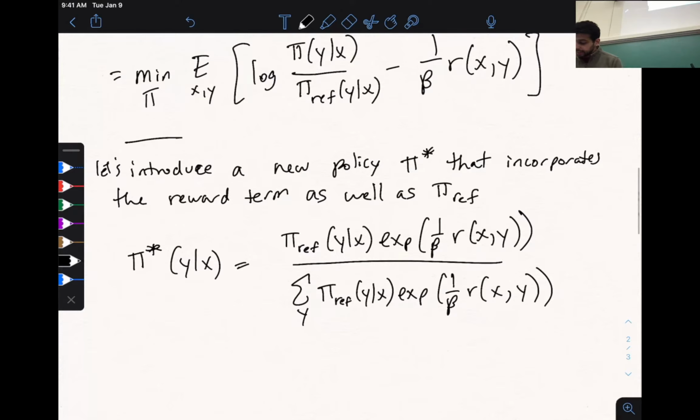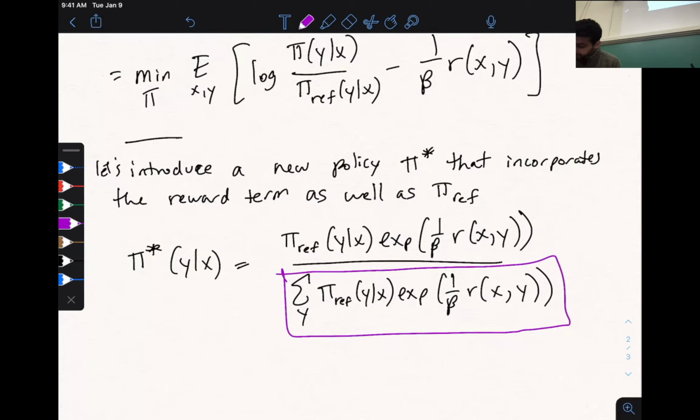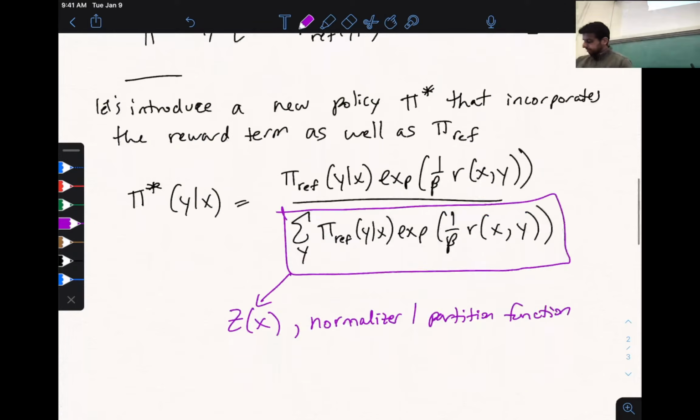So this denominator we are going to just call z of x. Note that it's a sum over all y's, right? So it is called a normalizer or partition function, as they call it in their paper.